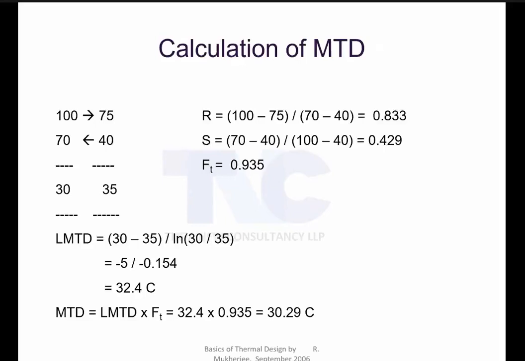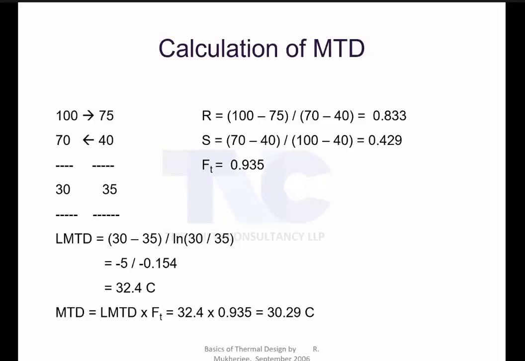If this correction factor is less than 0.85, that means you have selected a wrong type of shell. Simple. So remember, it should be more than 0.85. Around 0.9 is very ideal.